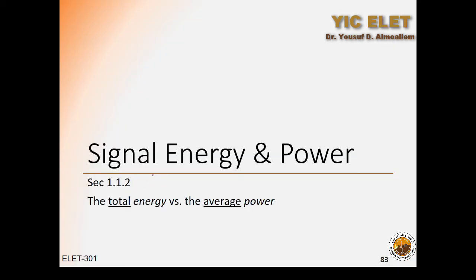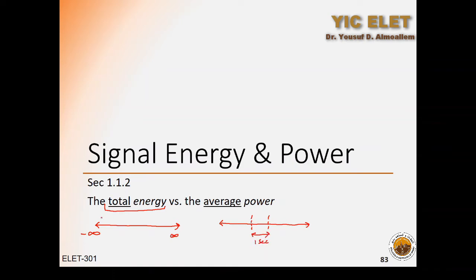When we talk about energy and power, we have to differentiate between the total energy, which goes for the signal from minus infinity all the way to infinity, and the average power, which does not consider the entire axis but rather an average over a unit of time. So let's say it is 1 second.